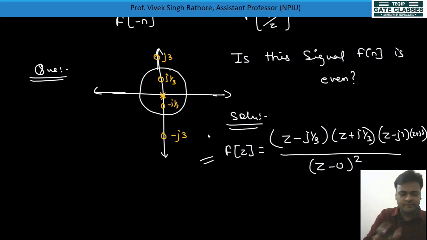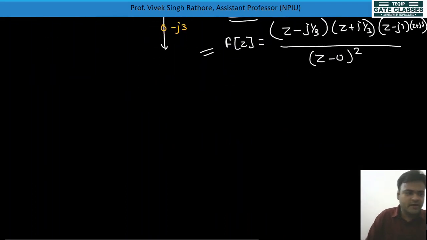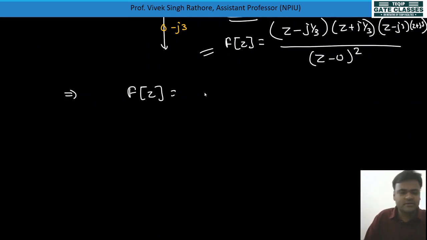Just we have written those values. Now see, we can simplify it. We can simplify like a minus b times a plus b, which is a square minus b square. So f of z can be written as z square minus of j 1 by 3 whole square; j square is minus, so minus minus plus 1 by 3 whole square.